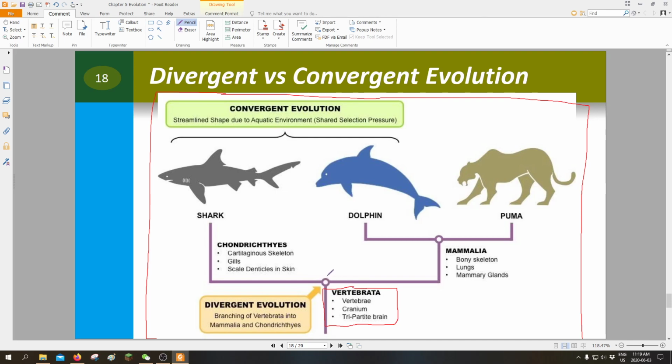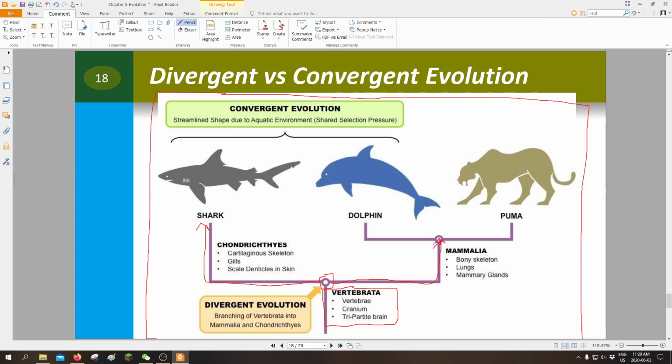What happened is divergent evolution caused the vertebrata organisms to change their evolution into perhaps sharks, okay? And then also change into mammals, okay? So they would diverge into different species there.